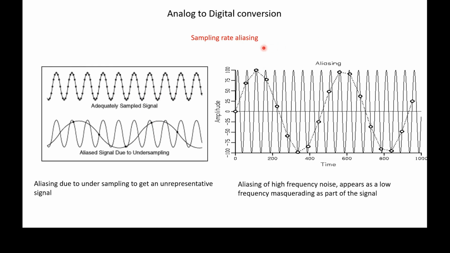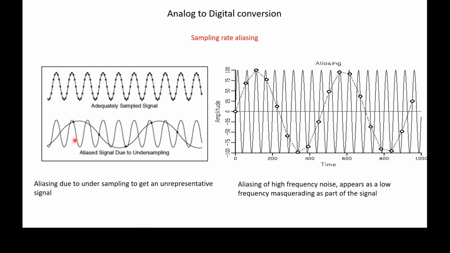The other thing that we have a problem with sampling rate is if we have an adequately sampled signal, as indicated by these dots, which, if joined together, provide us with what looks like the original signal, which is the actual line itself. And here is the actual line.